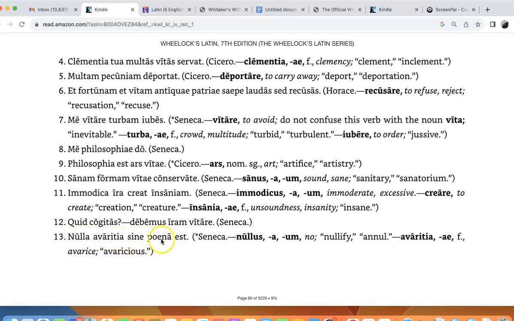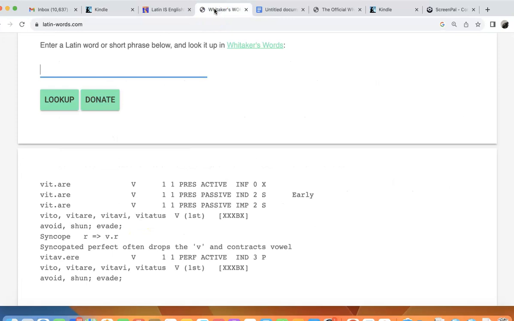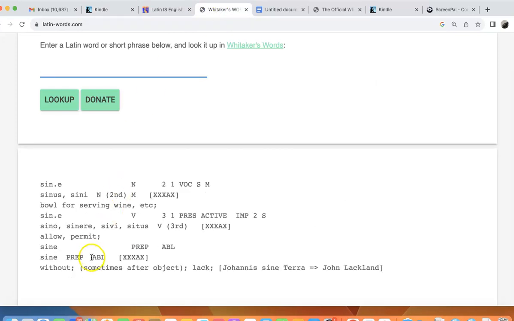Nulla avaritia sine poena est. So no what? No avarice. What is avarice? Greed. So no avarice is without penalty or without punishment. So let's take a look at this one. Sine, as we said earlier, when we use sine, it's followed by the ablative.